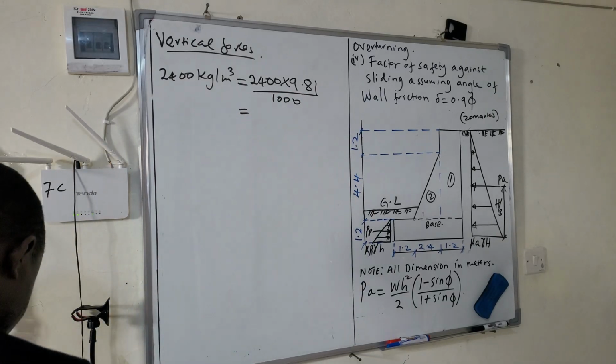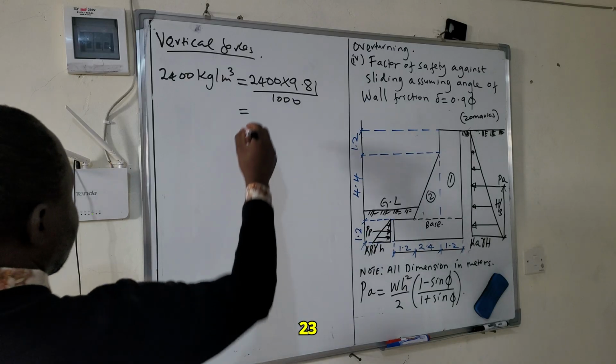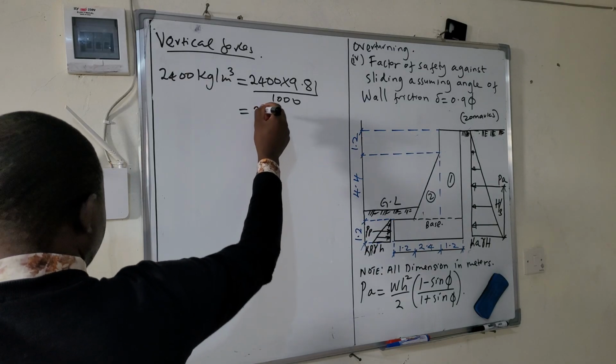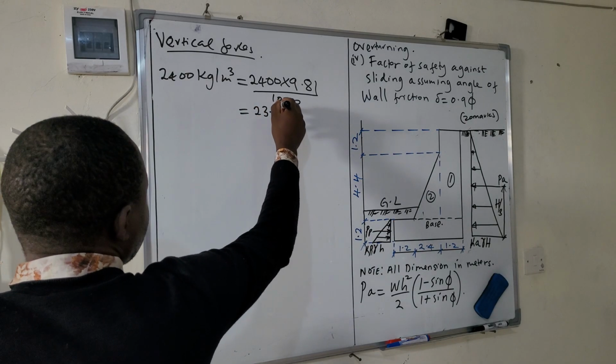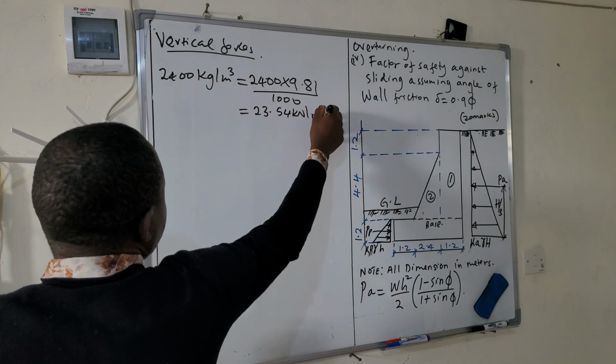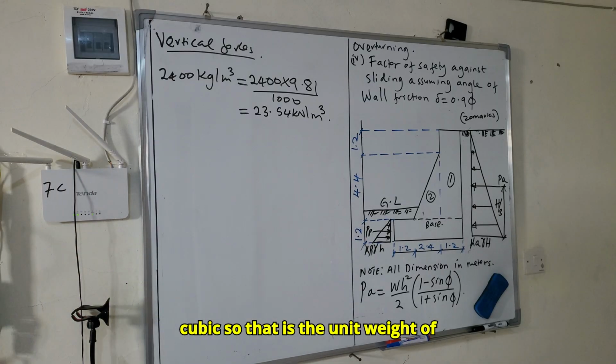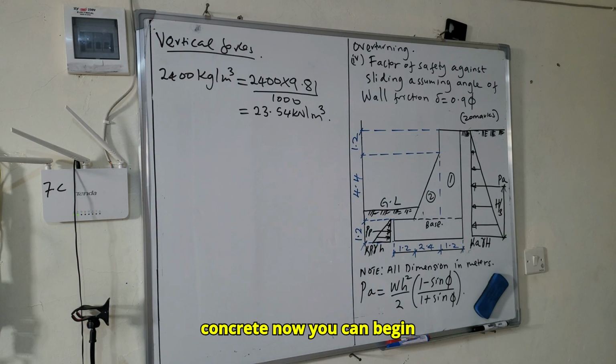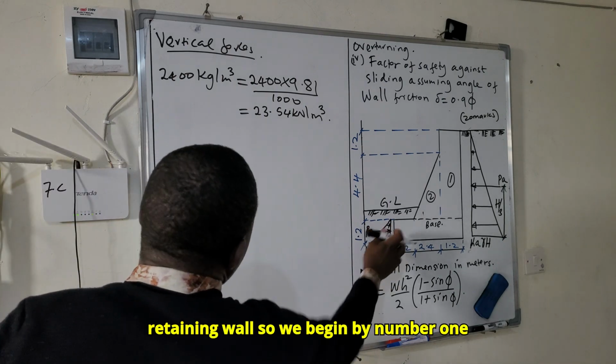So you will get 23.54 kilonewton per meter cubed. So that is the unit weight of concrete. Now you can begin calculating the forces for this retaining wall.